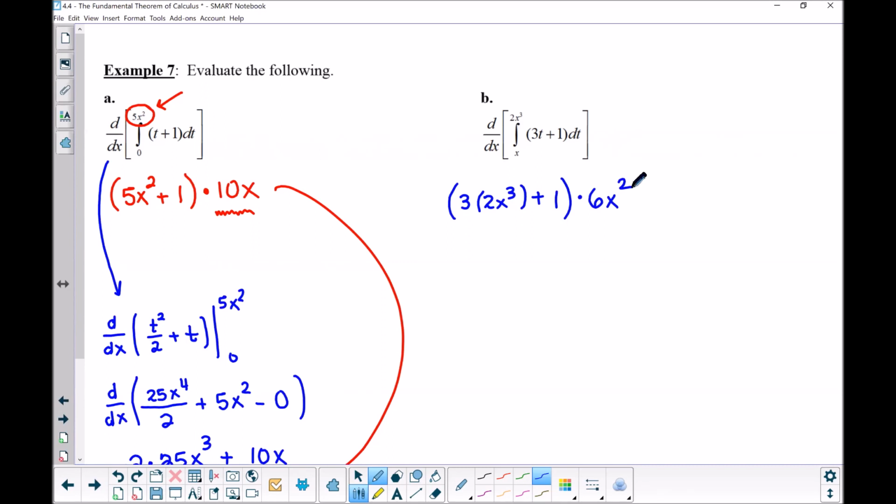So far, so good? But I've got a feeling some of you are like, wait, lower boundary x, lower boundary x. Well, guys, this does not happen very often. But if it does, do the same thing with the lower boundary that you would with the top boundary. You would plug it in for the t.